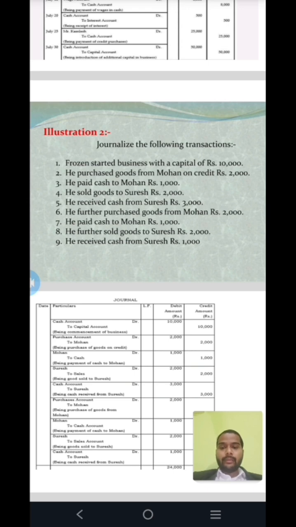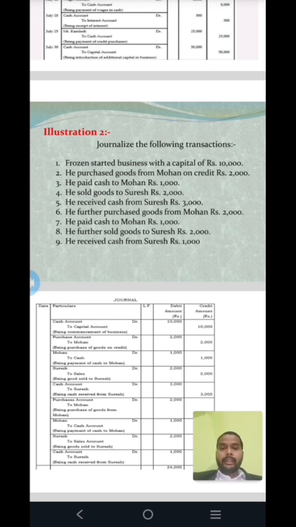So the journal entry is Suresh account debit to sales account, 2,000 debit and 2,000 credit, being goods sold to Suresh. Then fifth, he received cash from Suresh, rupees 3,000. Cash account debit to Suresh account, 3,000 and 3,000, being cash received from Suresh.